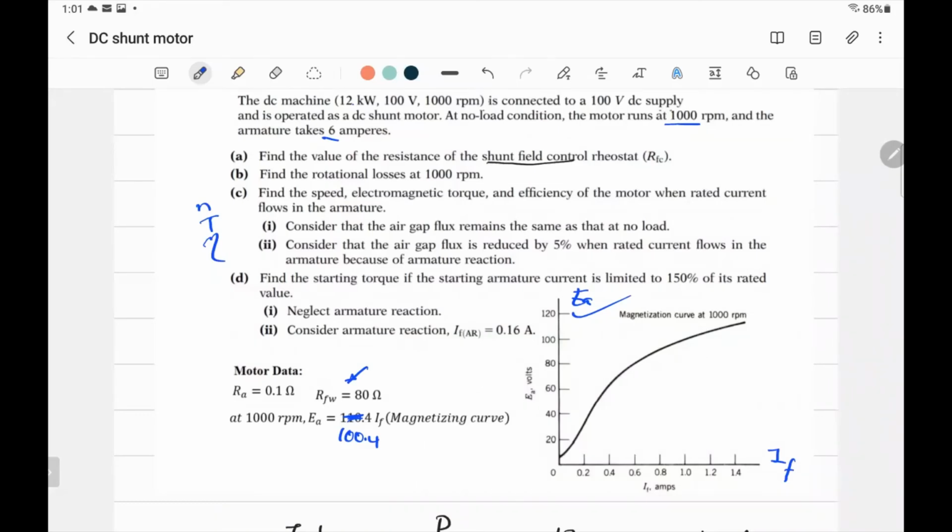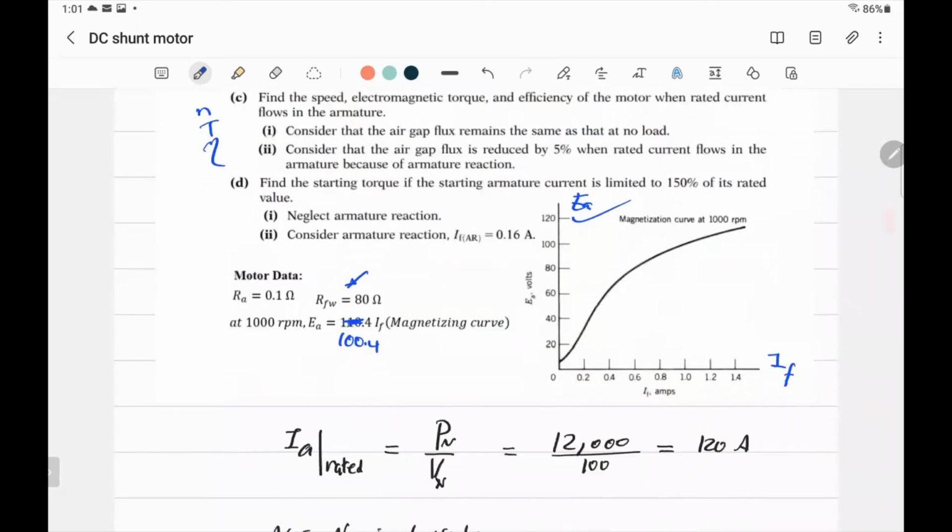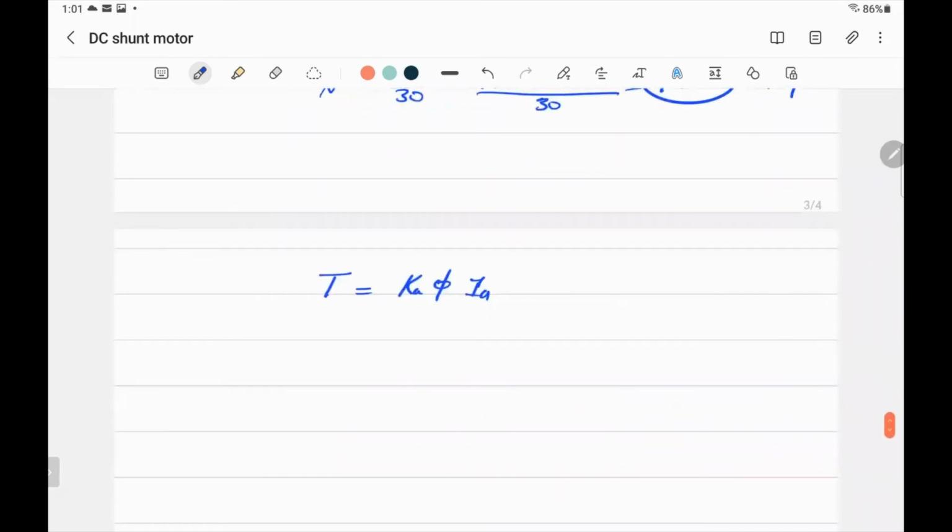How can you find it? Since it's the first one produced at the armature, I know there is a relationship between power and torque. Power is equal to torque times omega. So the developed torque is equal to the developed power divided by omega. The developed power I know is EA Ia, that's produced in the armature.